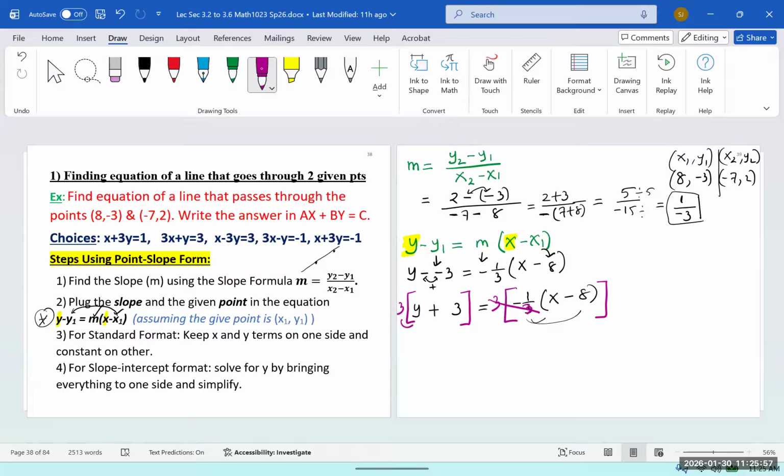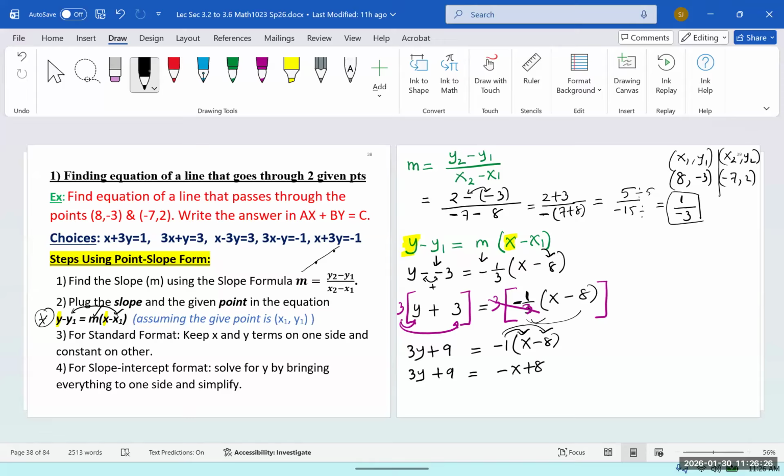And here we get 3y plus 9. We have -1 times (x minus 8). Now we can distribute without fraction. So we get 3y plus 9 equals -x plus 8.